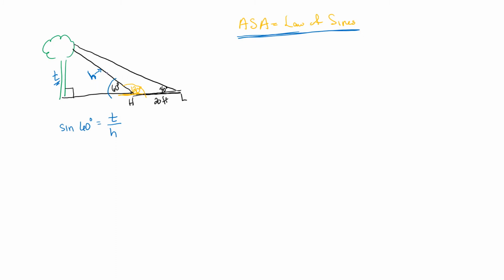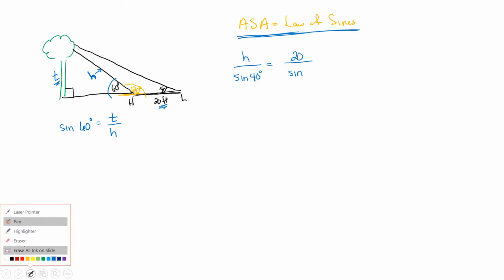So I could take h over the sine of 40 degrees, couldn't I? Good. And I have one other side of 20 feet, don't I? So I could have 20 on the top, because h is also the length of a side, and I need it over the sine of the angle measurement opposite 20.